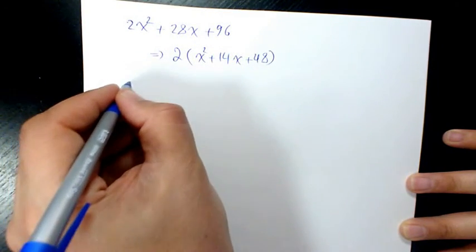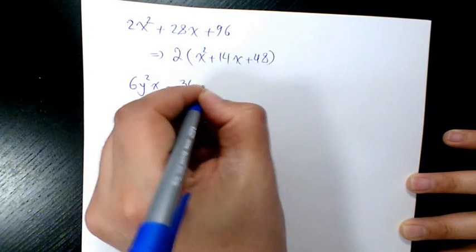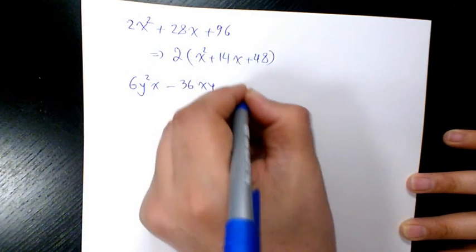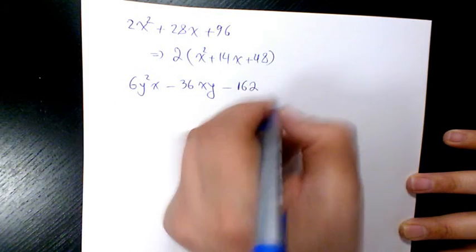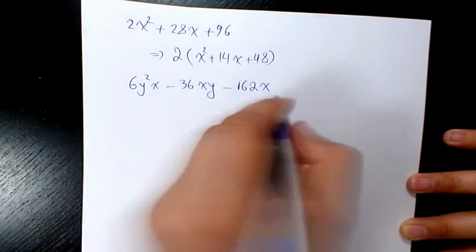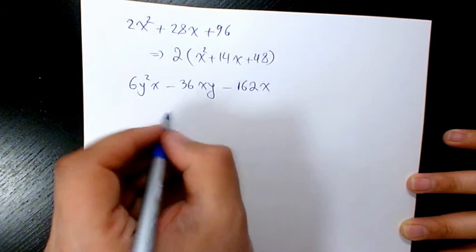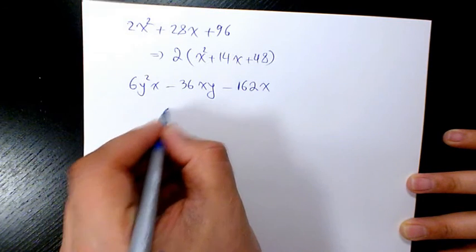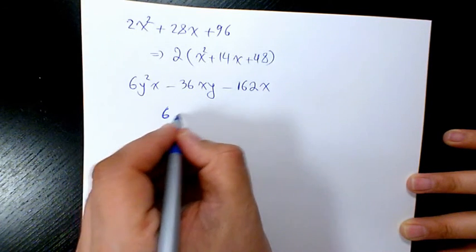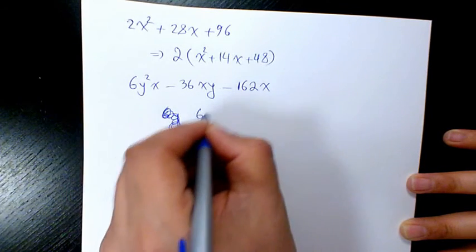Next one is 6y squared x minus 36xy minus 162x. So you can factor 6 in here, and actually just x, so 6x.